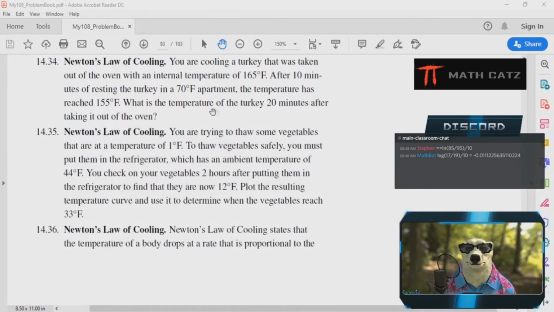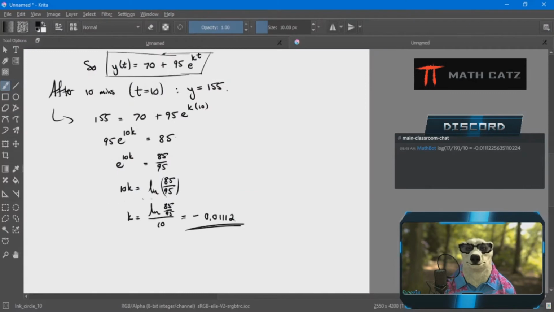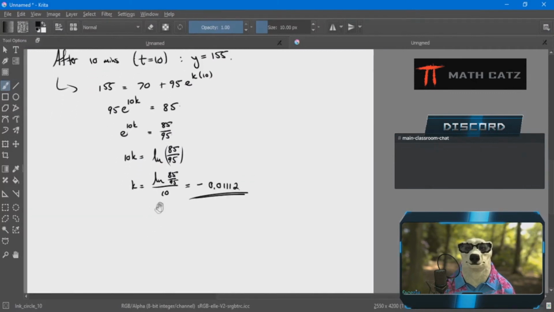What is the temperature of the turkey 20 minutes after taking it out of the oven? And we can make our own questions as well. So after 20 minutes, we simply use the function and plug in 20 for t. 70 plus 95 e to the negative, not negative.